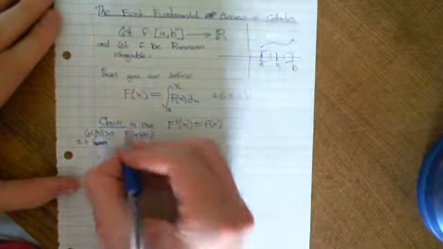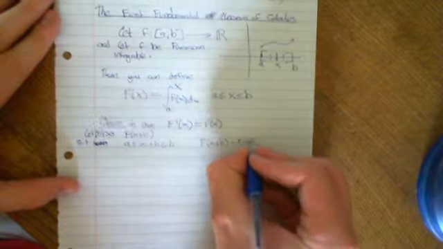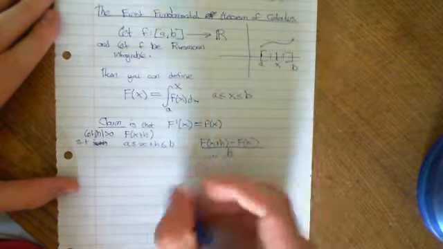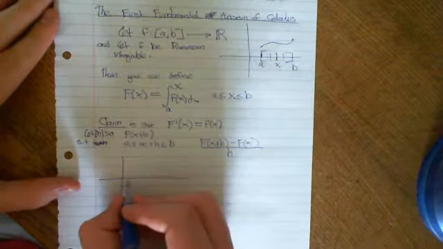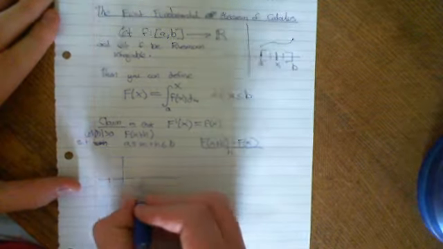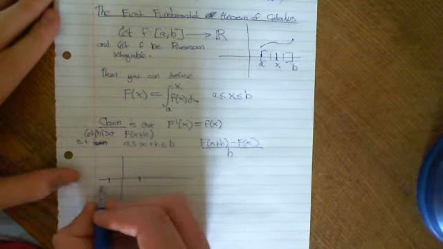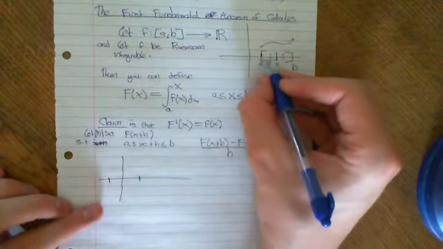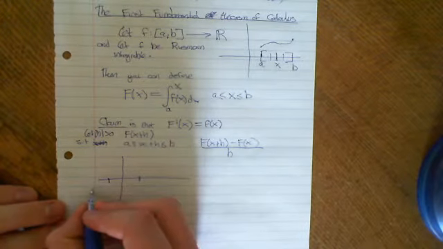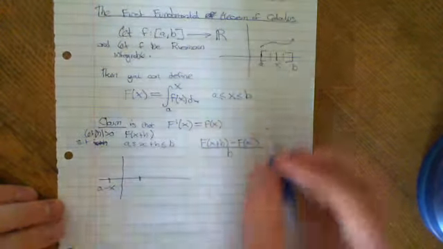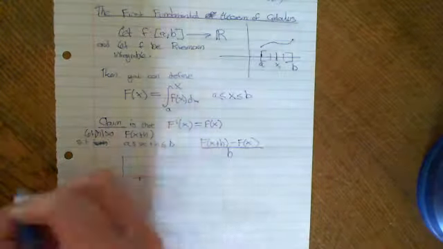Okay, so F of x plus h minus F of x over h is what we want to find. We'll get some little domain of h. This is the domain of h values, the values that h can take.